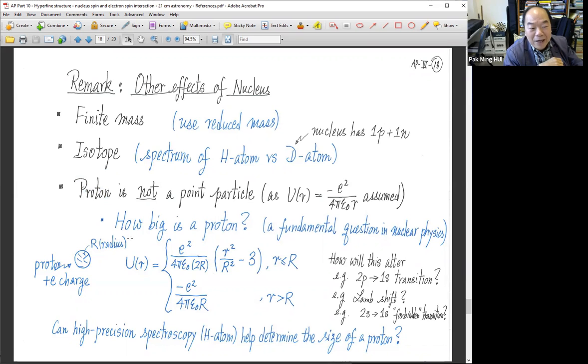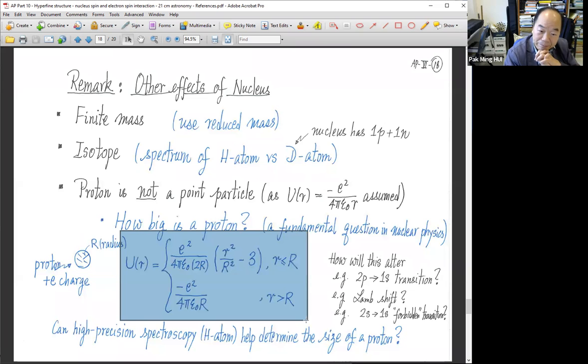Now, an interesting exercise will be to assume the proton to have a finite radius, finite size, and then you look at Griffiths. A uniformly charged sphere will have potential energy like this. Okay?